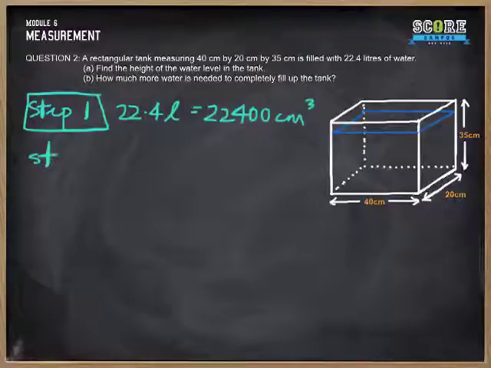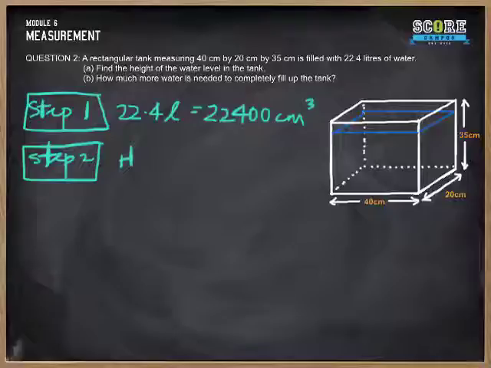So using the reverse strategy, just like we talked about earlier, let's set up for height. How do we calculate height? We calculate height as the volume of water divided by length times breadth. So when you do this, you get the height of the water level.